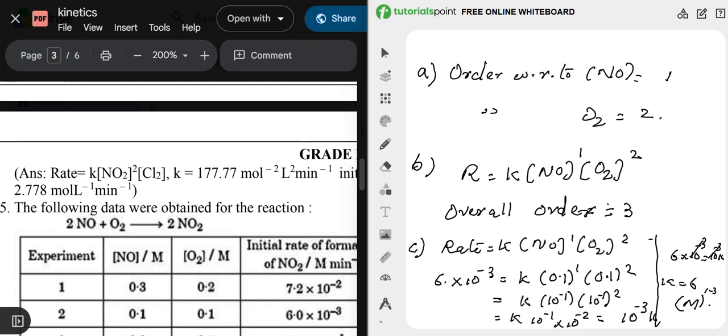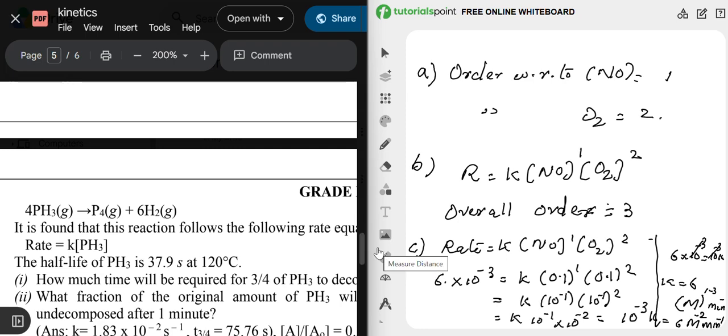Then time is given in minutes, so minute inverse. So the answer will be 6 moles per liter, the whole raised to minus 2, minute inverse. This will be the answer for the value of K. Okay, I hope you understood.